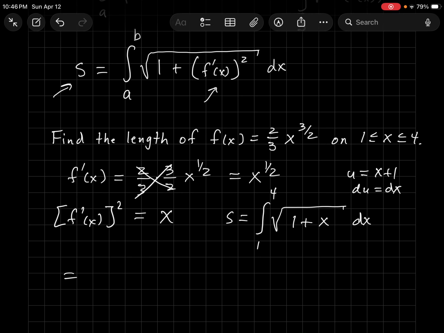So we get u to the 1/2 integrated, which is u to the 3/2, or 1 plus x to the 3/2, divided by 3/2, so times 2/3, from 1 to 4.